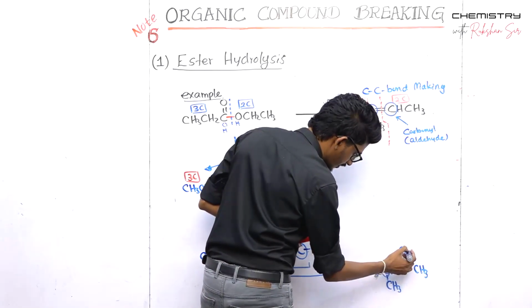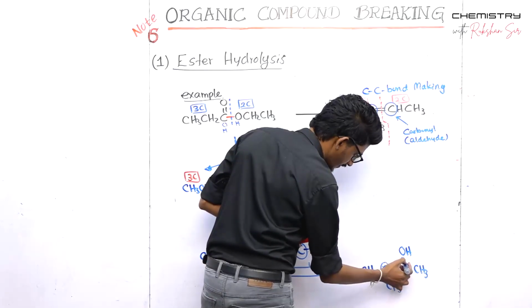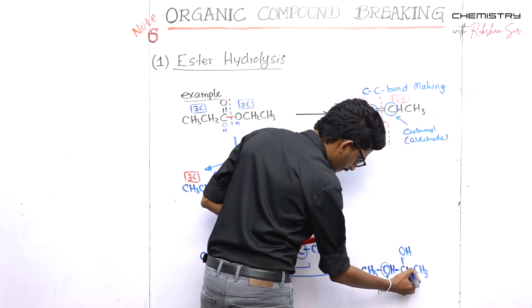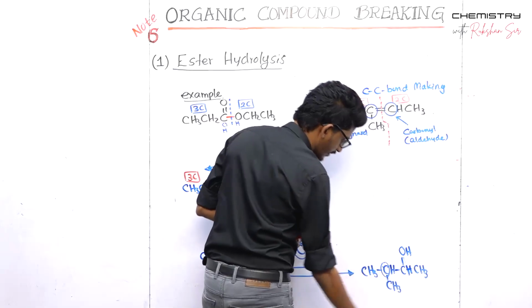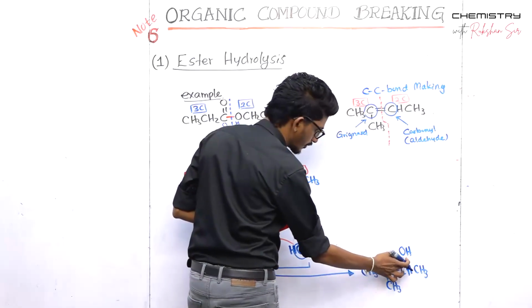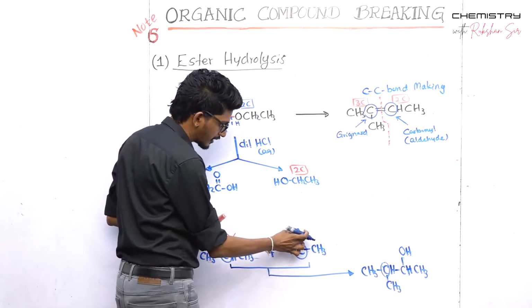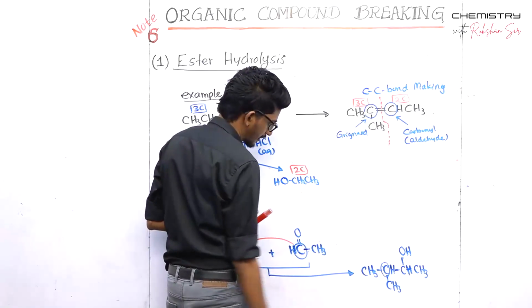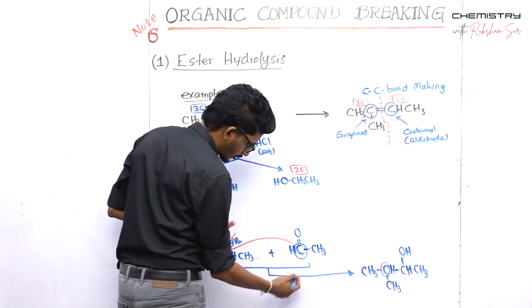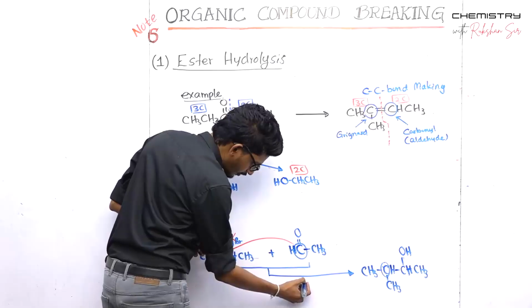This will ultimately become an OH when you are adding H plus H2O. When you are adding H plus H2O, this oxygen will become OH, right? So you have to mix with the water.